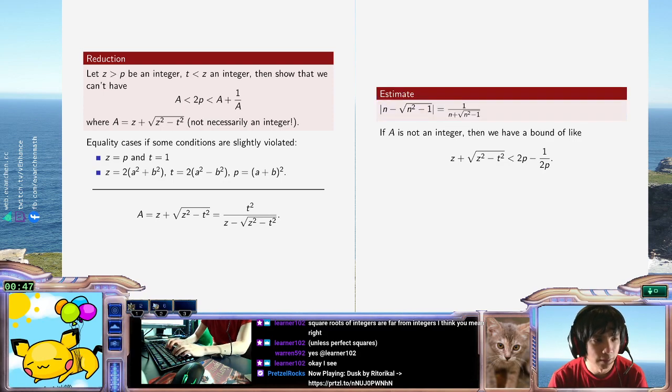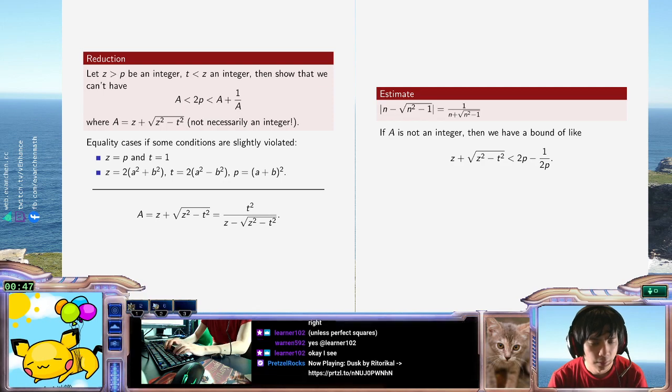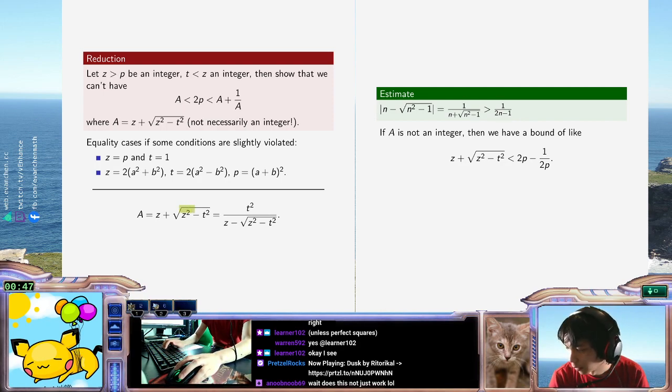So it's like... Does this not just work? I hope it works, because then I want to be done with this problem. 1 over 2n... So this distance is at least 1 over 2n minus 1, right? Okay, so since z is greater than p, this thing is like some square root... Yeah, so like p minus 1, right?